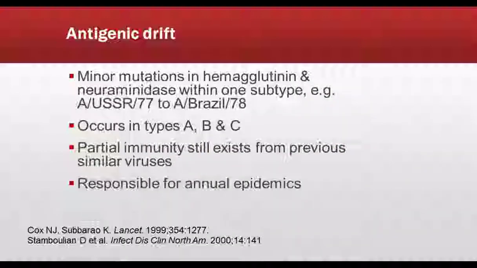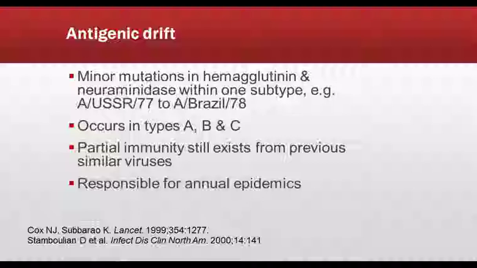So the other thing I said was that these viruses undergo frequent genetic mutation, and there are two types of mutations. The first type is antigenic drift, and these are minor mutations in the hemagglutinin and neuraminidase within one subtype. So you have an influenza A, it's an H1N1, it's a USSR 1977, it drifts and it becomes an H1N1 Brazil 1978.